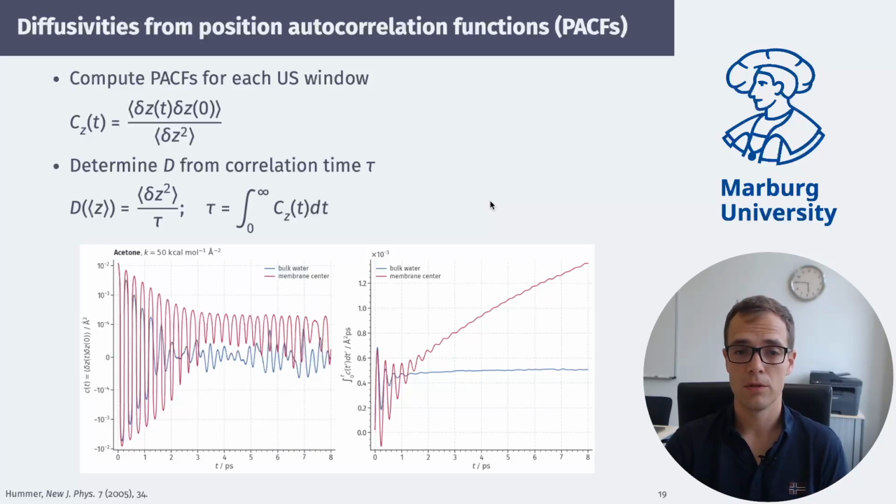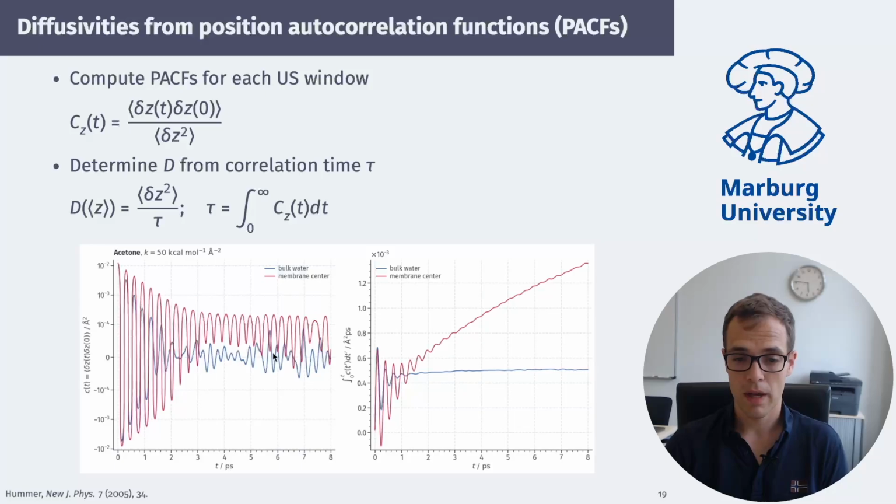What you have to do here is compute the position autocorrelation function, this one, and then integrate it to get a correlation time, and then your position-dependent diffusivity is simply the variance of your collective variable divided by the correlation time. And this works really well in some cases.